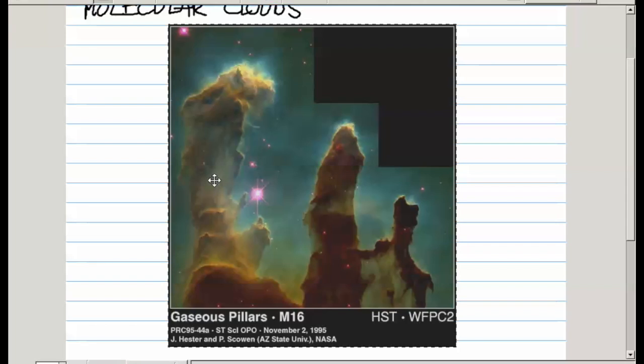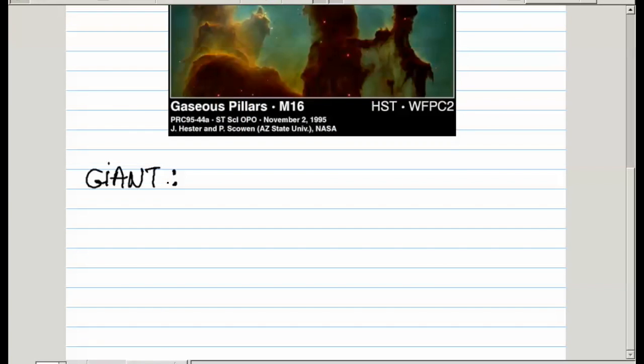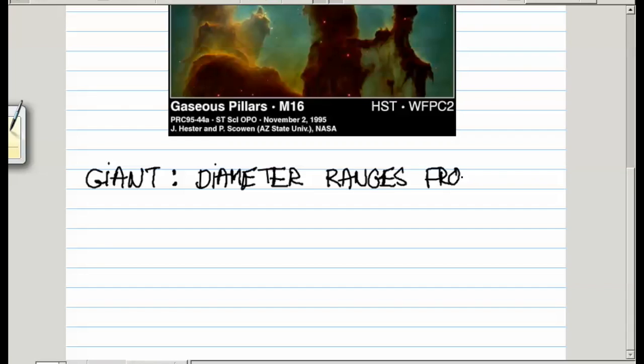And here, as I'll explain later, we have direct observational evidence that stars indeed get formed in these giant molecular clouds, because their diameter ranges from 15 to about 600 light years across. Okay?